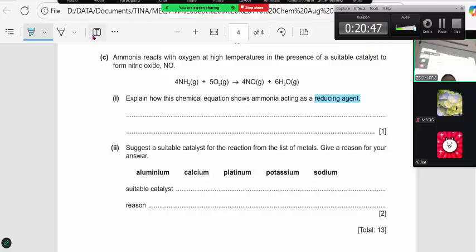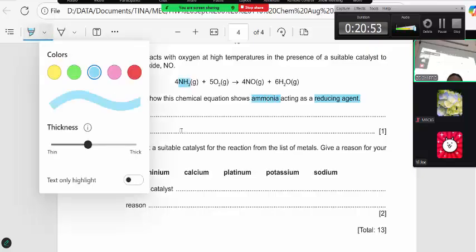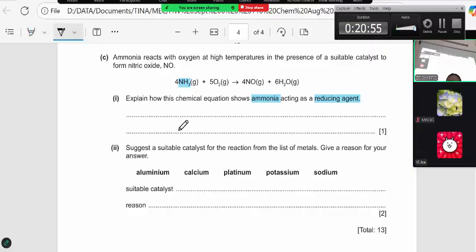So ammonia is oxidized by oxygen gain. Suggest a suitable catalyst.